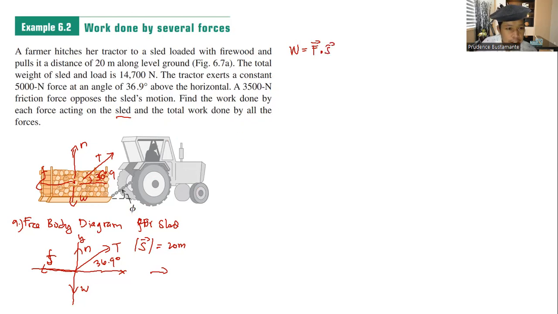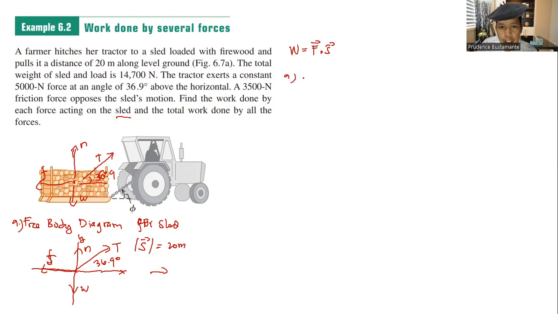Since we know that there is a normal force, the weight force, the tension force, and the friction force, we can now find the work done by each of these forces.